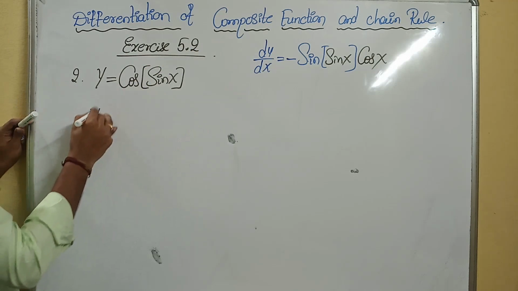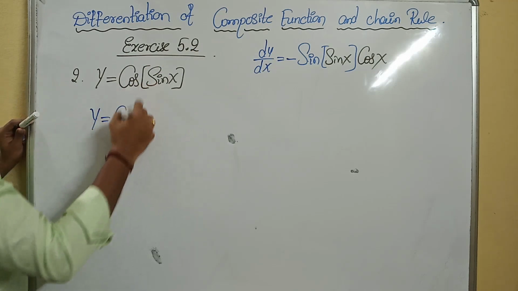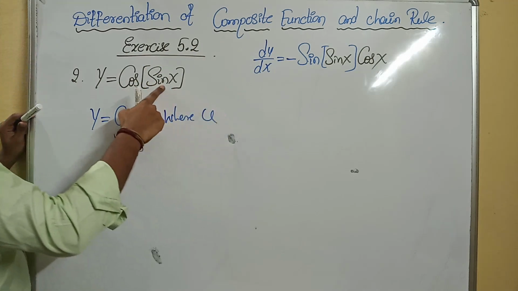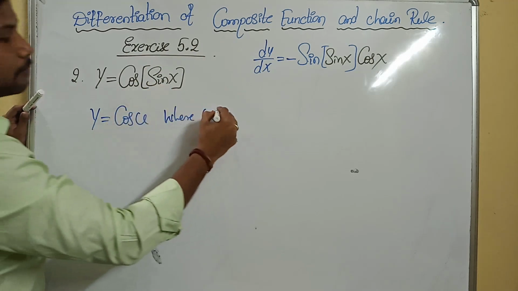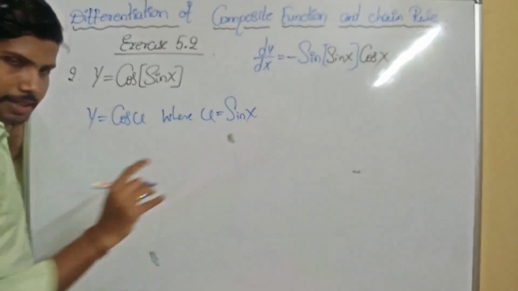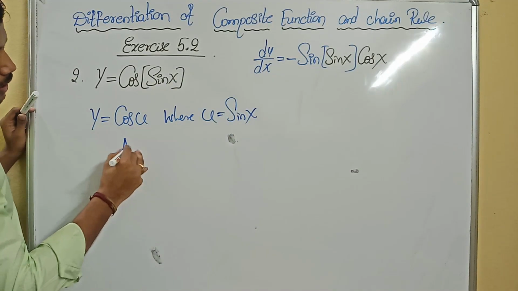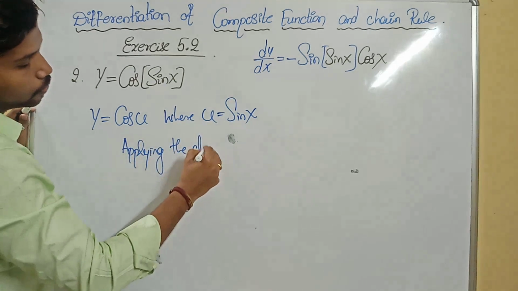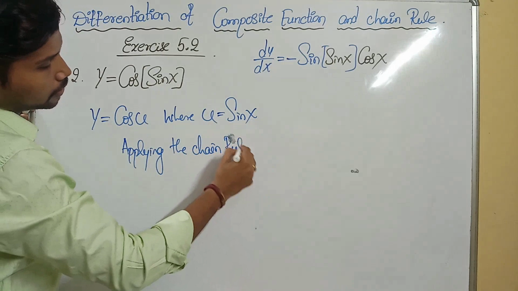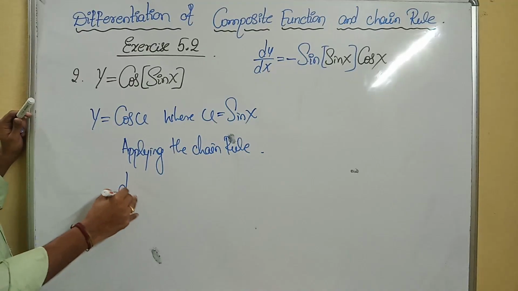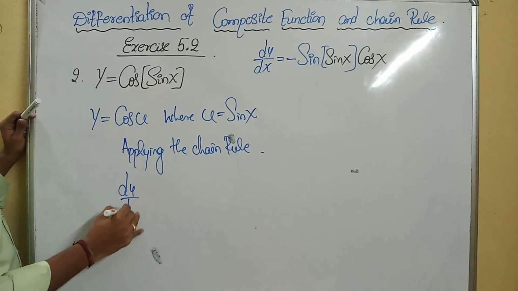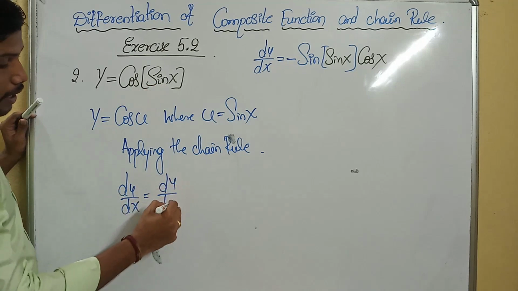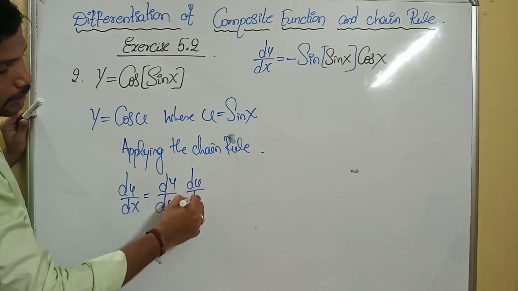Now I'd like to write y is equal to cos of u, where in the place of sin x, what is u? U is nothing but sine of x. Got it? Then I'd write applying the chain rule. Y is a function of x. dy by dx is equal to dy by du, du by dx.